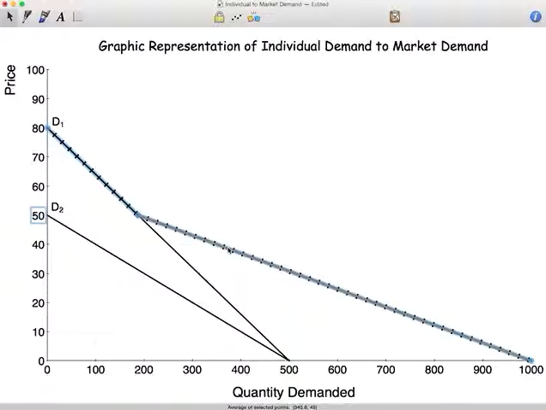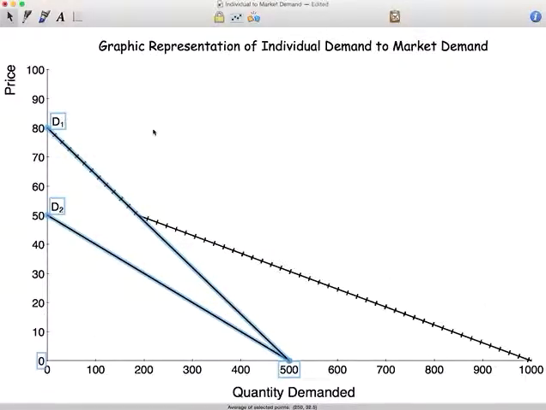Now to determine the lower section, we are going to add D1 and D2 together. To show that graphically, the easiest way to do it is just to select the point where price is equal to 0 and add the quantities demanded for D1 and D2. For D2, it's equal to 500, and for D1, it's also equal to 500.